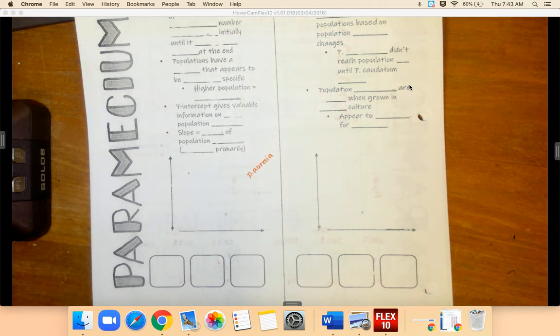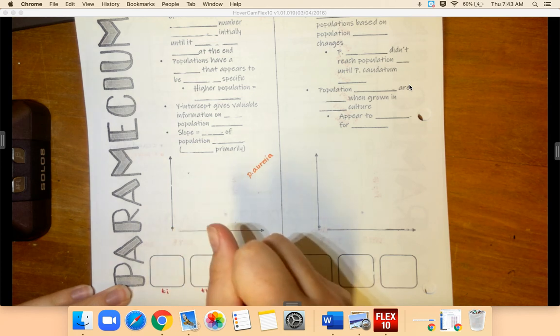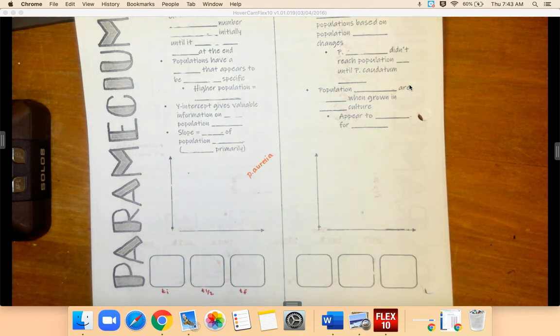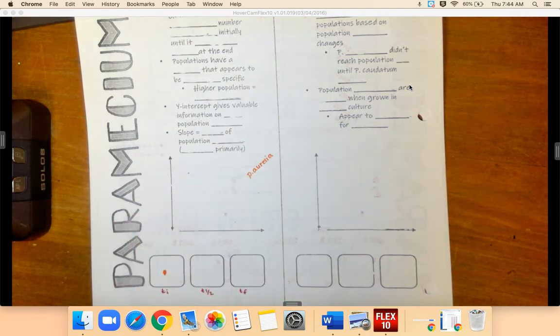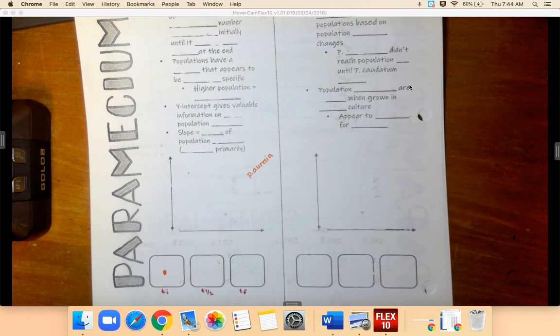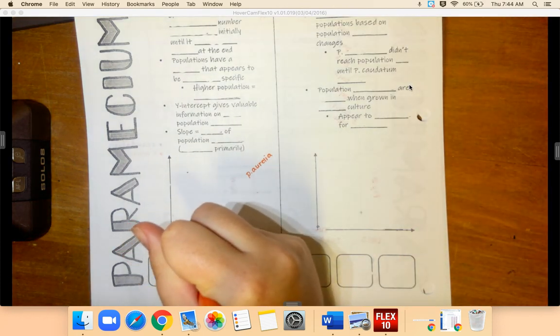So at time initial, time half, and time final, there was just 1 for time initial. There was 2, 4, 6, 7 at the halfway point.